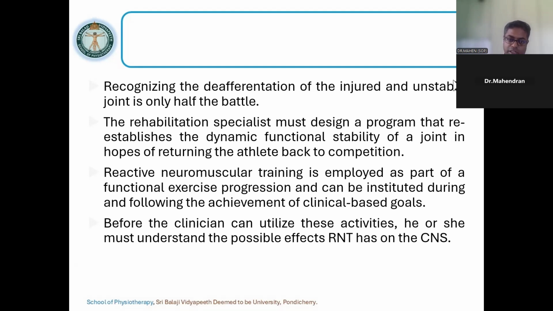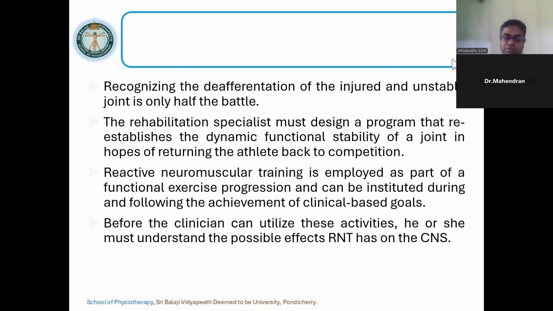Reactive neuromuscular training is employed as a part of the functional exercise progression and can be instituted during and following the achievement of clinical based goals. Once the patient has achieved the short-term goals or the minimal expectations, like pain reduction and return of ADL, then we can incorporate the RNT.